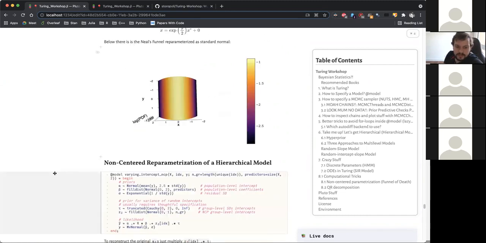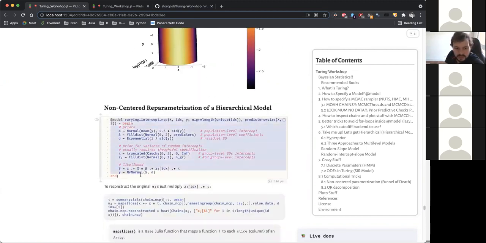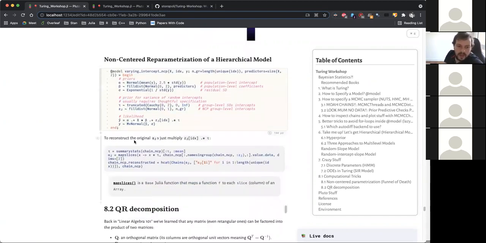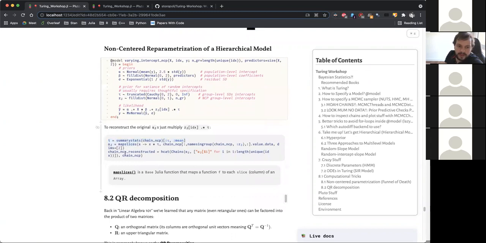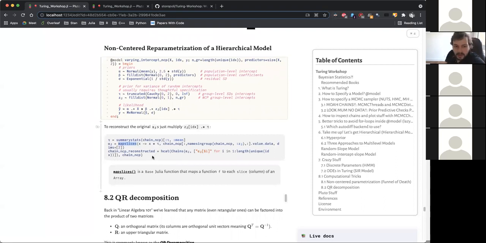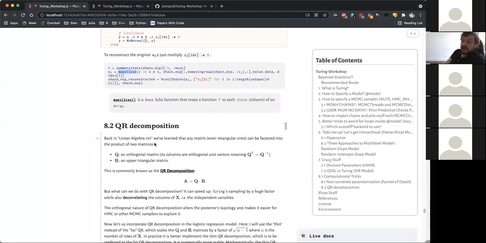and this is how you do non-standard parameterization. You guys take a look afterwards, and you can recover your parameters by using something called map slices, which is basically a function that maps a function to each column slice of an array. And also there is the QR decomposition that can speed things up because you decorrelate your predictors, and you also alter the geometry of the posterior to make it easier for the MCMC sampler to explore.